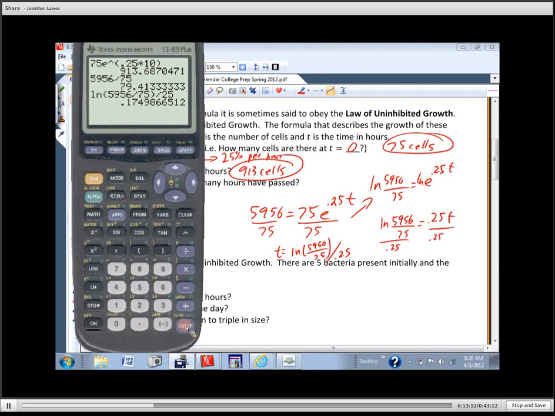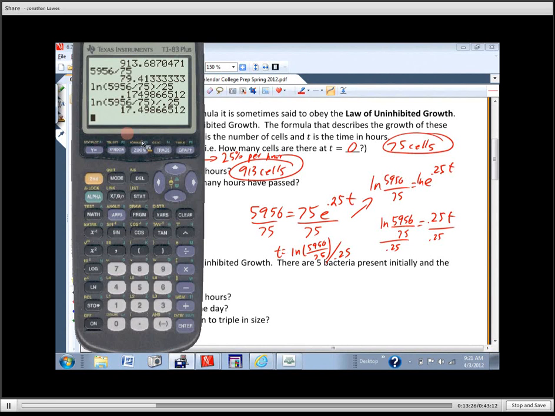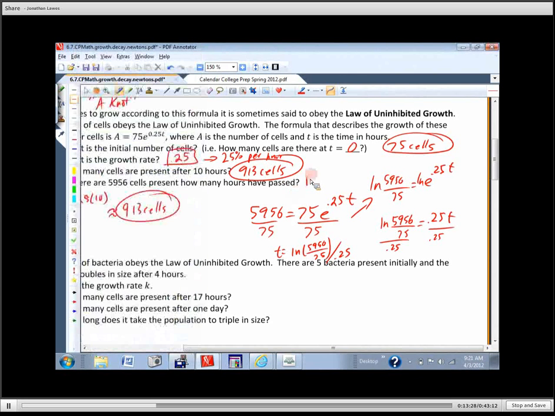Oh, 0.25. Very good. That's going to be much better because, what does that mean? Yeah, 17.49 hours, or about 17 and a half hours. So we're going to say 17.5 hours.